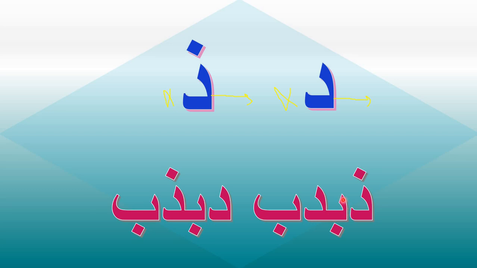This is a letter we learned in our first video. Ba, it has a dot at the bottom. And which one is this? As you see, it has a little space after, which is Dal.